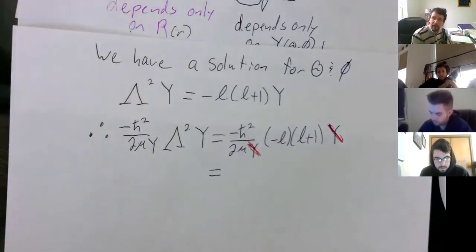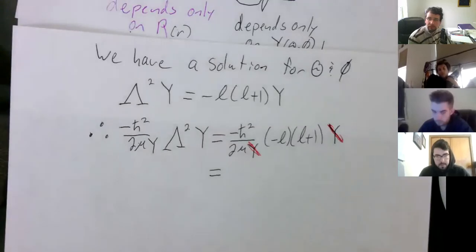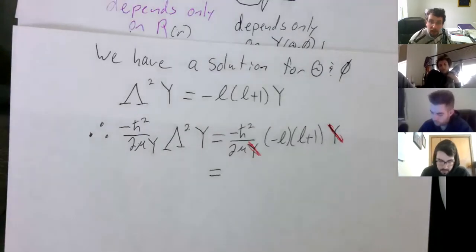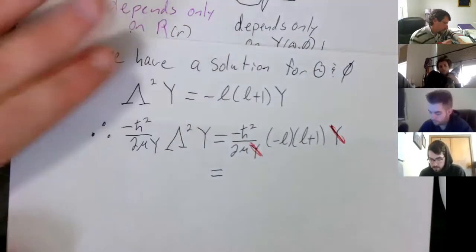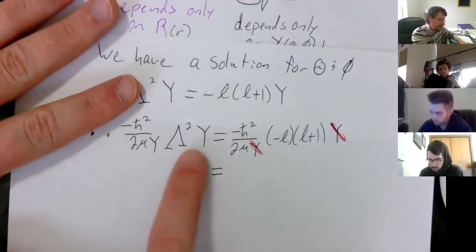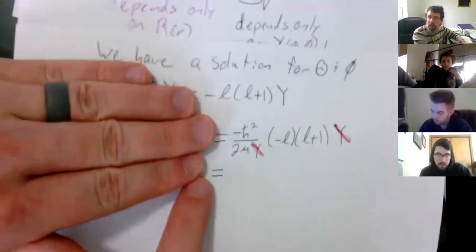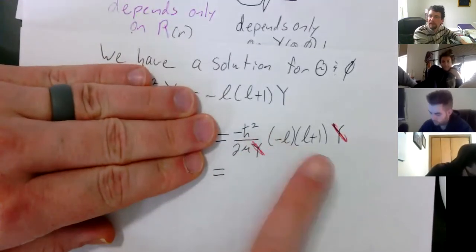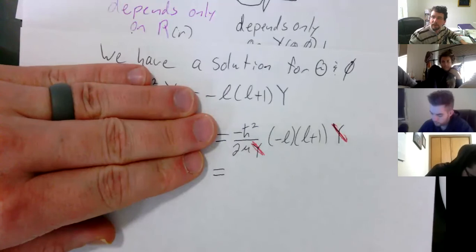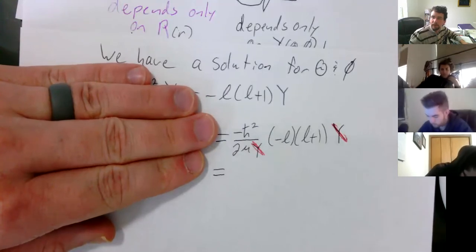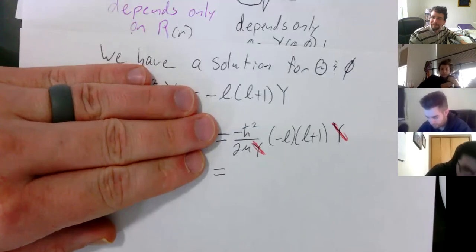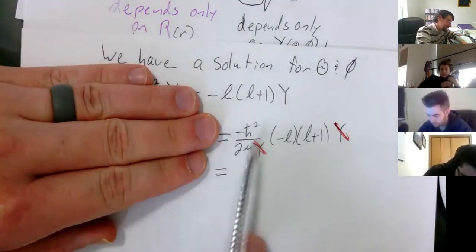Anything else going to go away? The Y's on the other side. Oh, over here, yeah. They can actually go. Well, this has to act on that guy first, so we're going to ignore that part. Anything else over here? The L's. Nope, L's hang around.